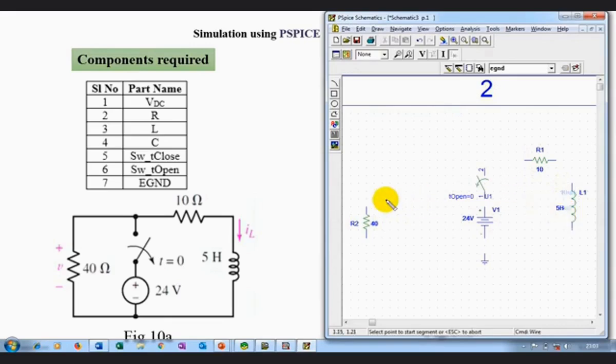Now let us connect one by one and build the circuit as per the diagram.